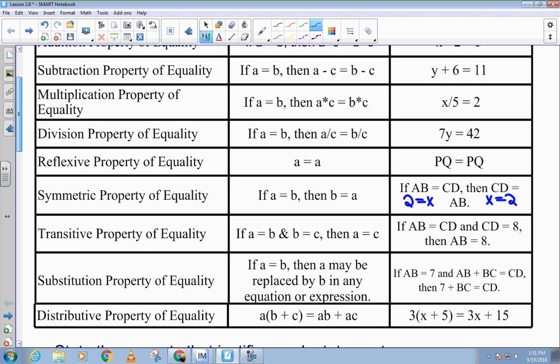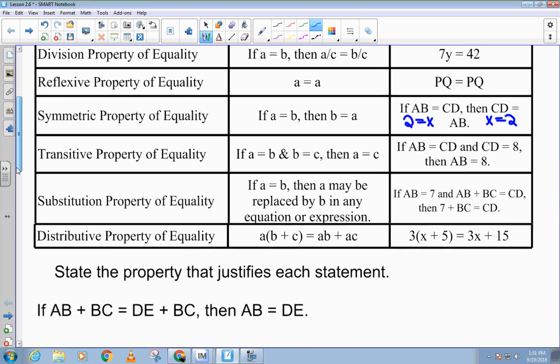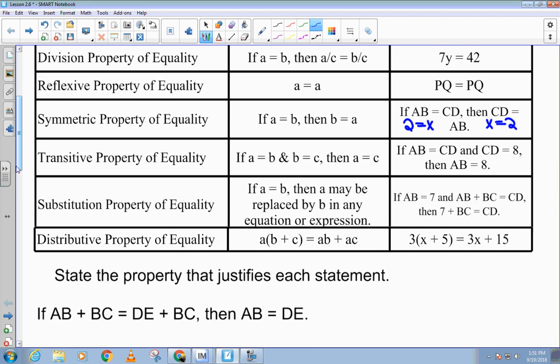Then we have the substitution property, which sometimes people get confused with the transitive property, and they're similar. But the substitution property says if A equals B, then A can be replaced by B in any equation or expression. I changed this from what's on your notes.